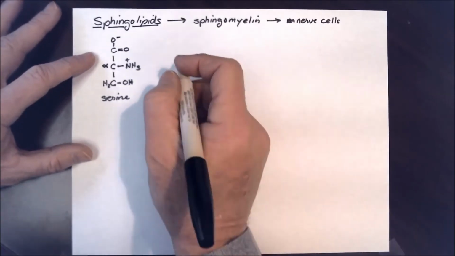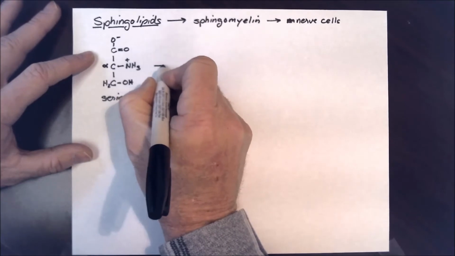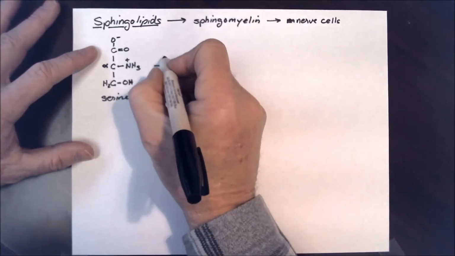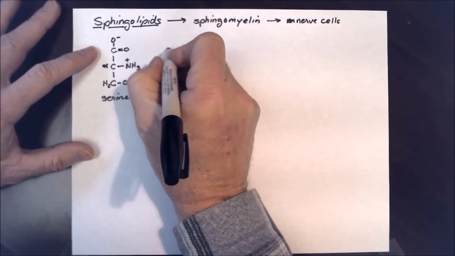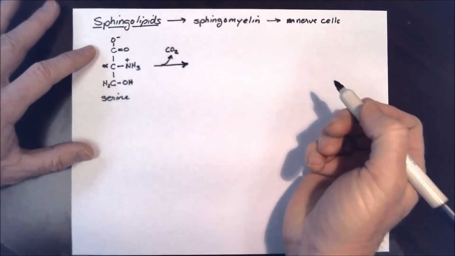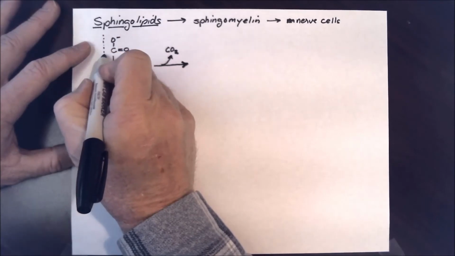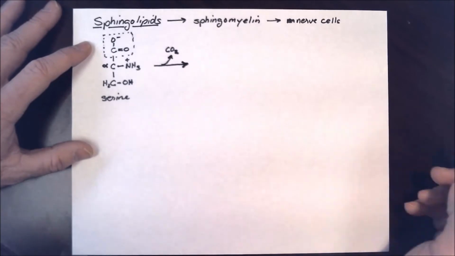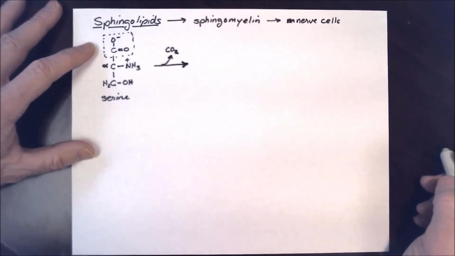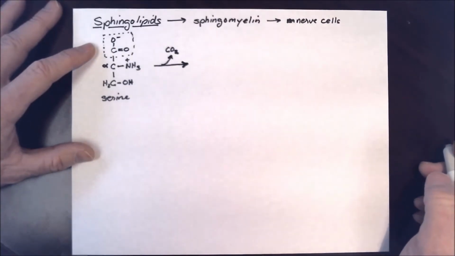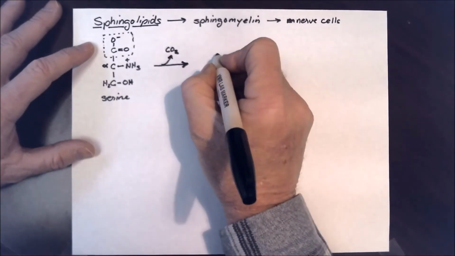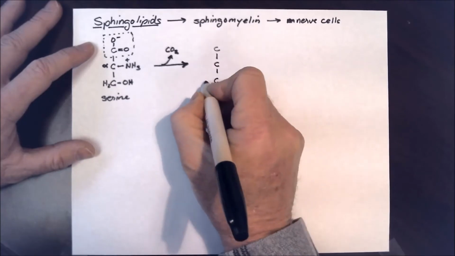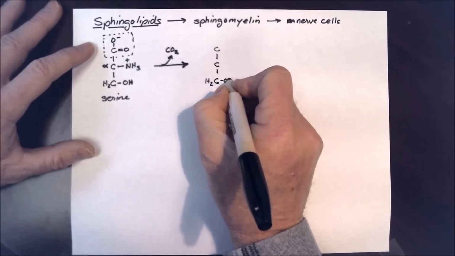Now, the first step for sphingolipid synthesis is a decarboxylation step. So essentially, this portion of the serine amino acid will be removed, and in its place will be a fatty acid structure. So let's draw our 3-carbon backbone theme.